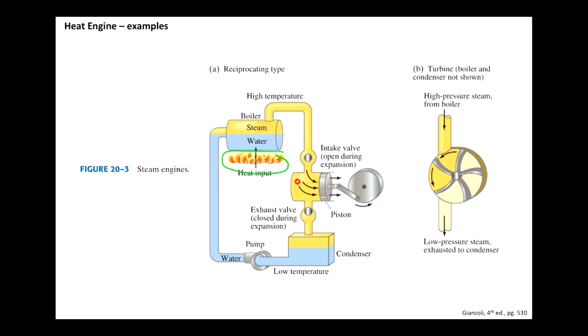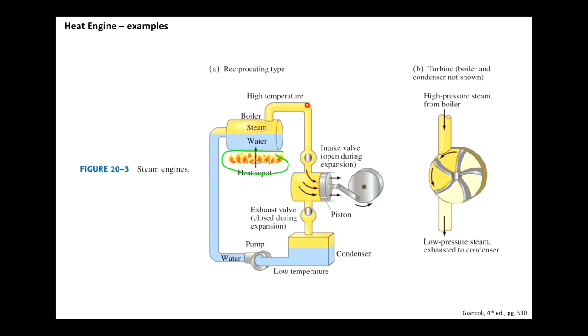And as the piston goes back and forth, you can make this wheel turn. Now maybe that wheel is directly connected to the wheels on a train, if you wanted to go there. Or maybe it's connected to something else that allows us to generate electricity or some other form of energy, okay? So clearly nothing is going to happen if we don't have a high temperature and a low temperature.